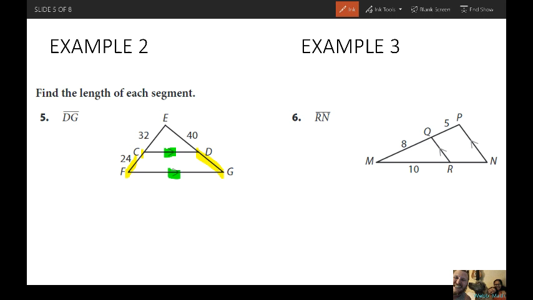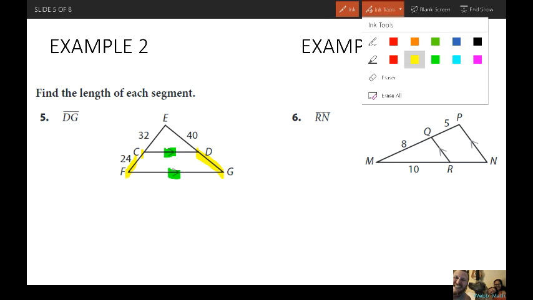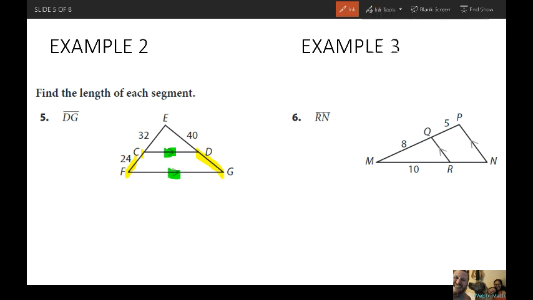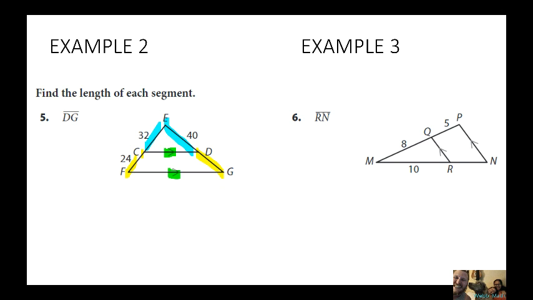So I'm probably going to have DG over CF. And then the other two segments, it's going to be ED, and that guy should be proportional to CE. All right, so you should be thinking that way, visually. Then just write it. Okay, so DG is proportional to CF equals ED is proportional to EC.